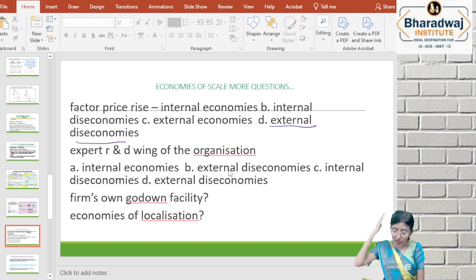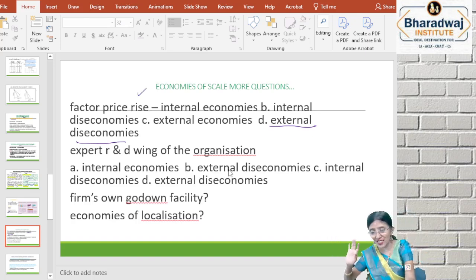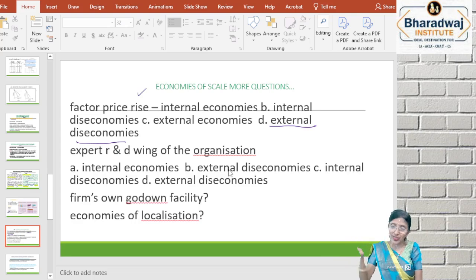It is a diseconomy because price rise is going to be a cost burden for the producer, for the manufacturer, for the businessman. It is external because factor market operation is beyond his control. External diseconomies.